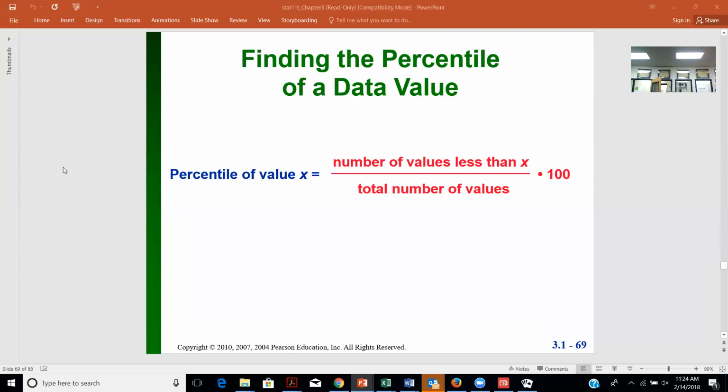Your coefficient of variance there is twice as big. You calculate the mean, so you calculated the mean of 124.